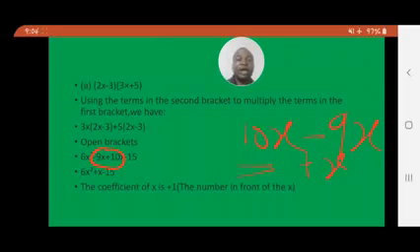Therefore, our answer becomes 6x squared plus x minus 15. Then the coefficient of x is plus 1 because what is in front of the x there is plus 1. That is the coefficient of x there.